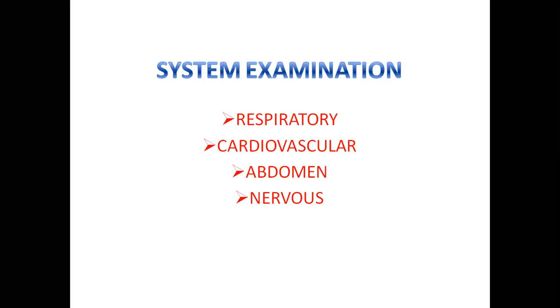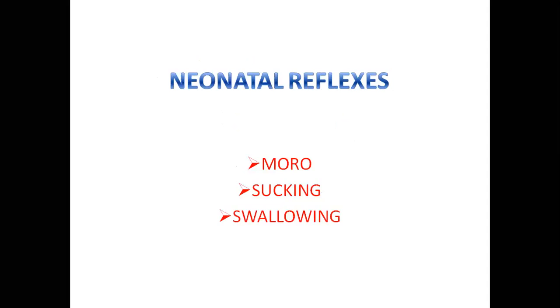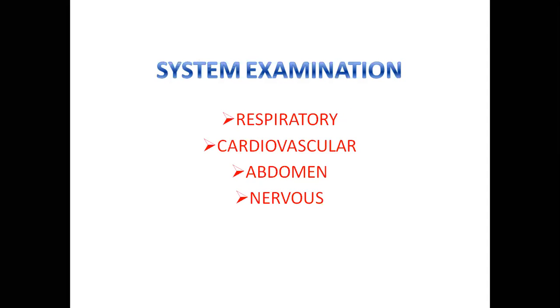And the nervous system. We are not going to examine like adults, like motor, sensory. We shouldn't go like that. What is a classic feature of the nervous system is by the examination itself, that is the motor system. By the cry and activity of the baby, we can somehow come to the conclusion that the motor is normal, and we have to look for any asymmetry of the movements.